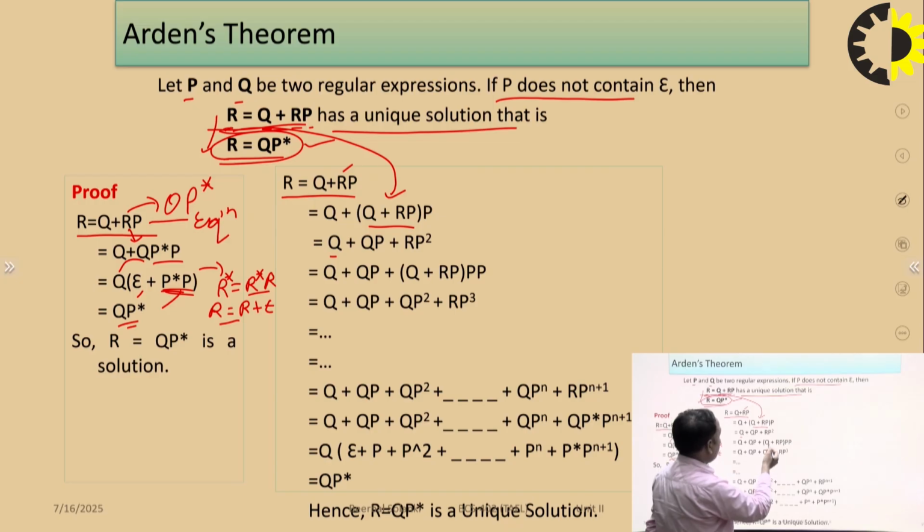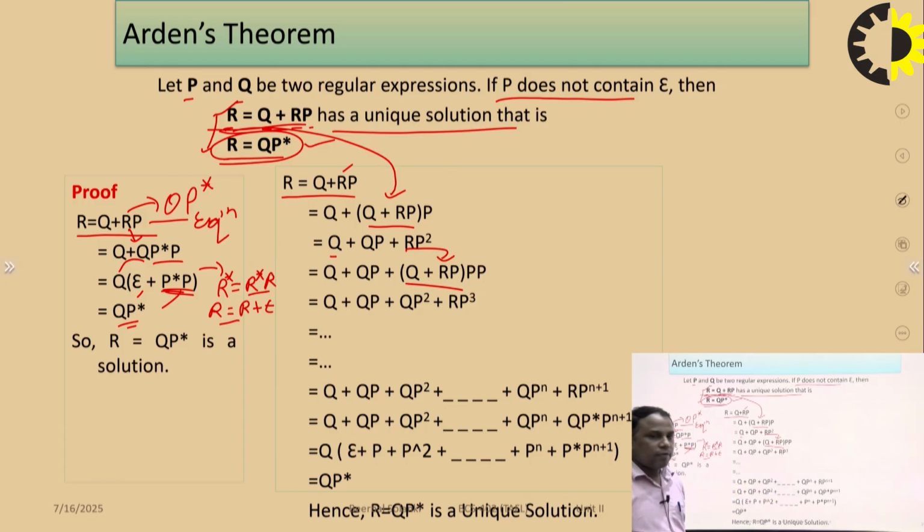Now again we put the value of R from here to here. So it can be written as Q + QP + QP² + RP³.